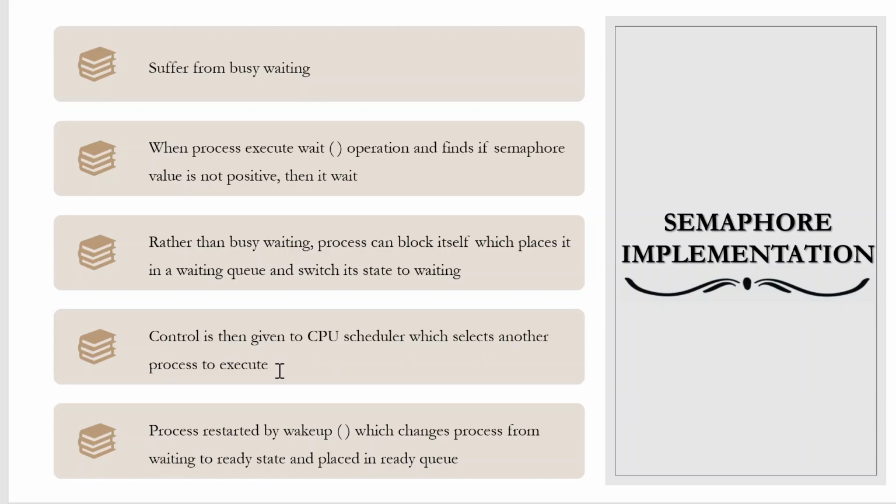A process that is blocked waiting on a semaphore S should be restarted when some other process executes a signal operation. The process is restarted by a wakeup operation, which changes the process from the waiting to the ready state and places it in the ready queue.